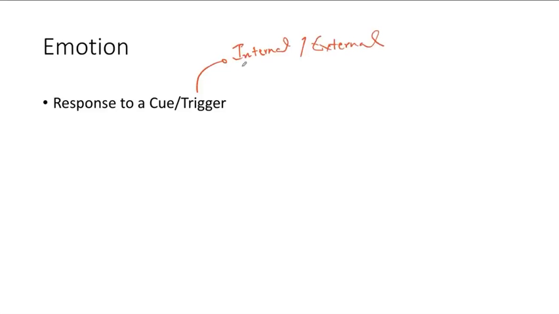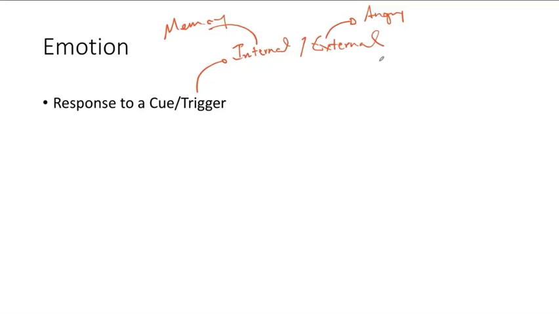So it could be related to, for example, a specific memory that you have just retrieved, or something that you are seeing outside, like an angry person, or something happening outside that you are not happy with. So it could be an external or internal trigger, but we are talking about a response.